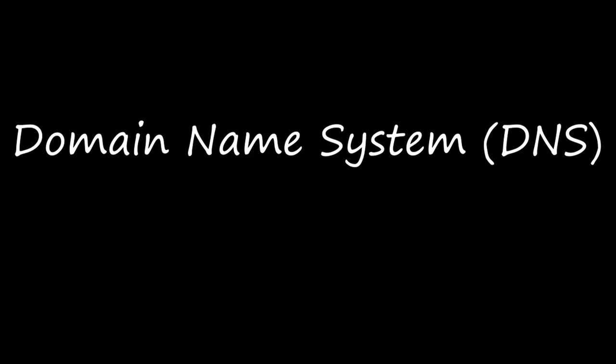And each label will have a length of 2 to 63 characters, and the entire name may be at most 253 characters long, right? And it is not case sensitive, so you can use uppercase, that is capital letters, or small letters, or you can mix both also.